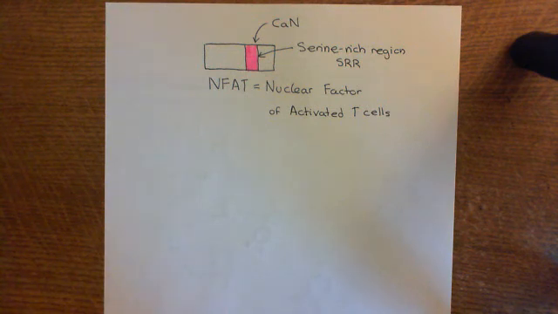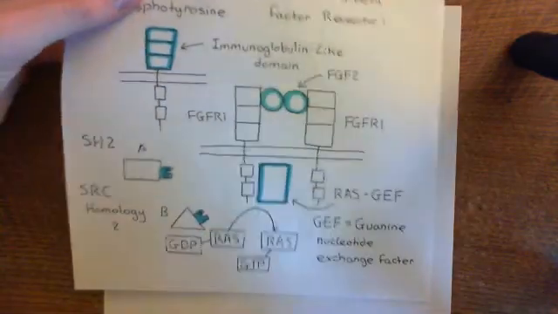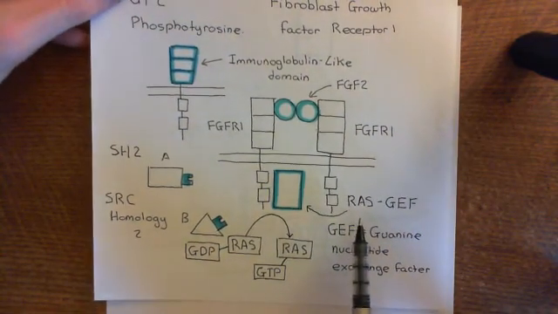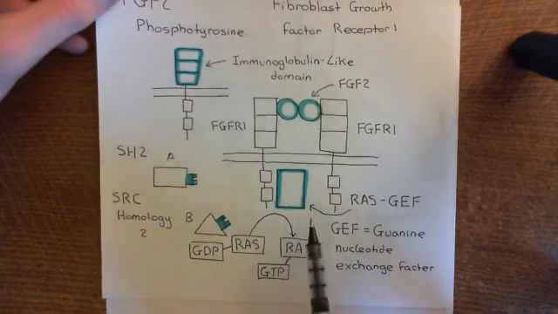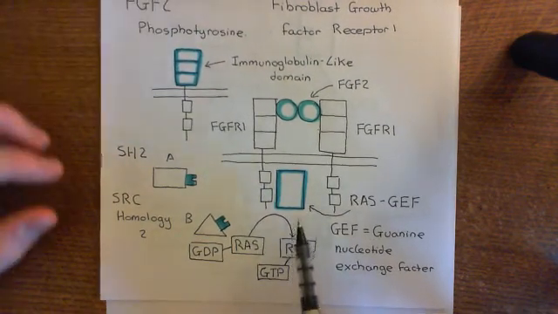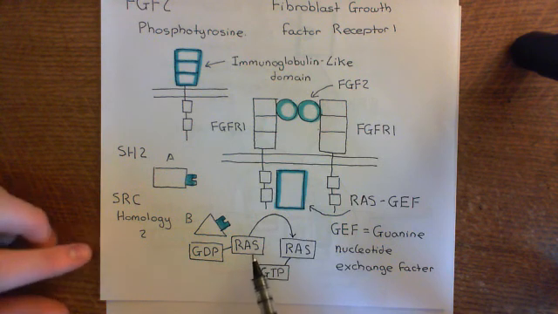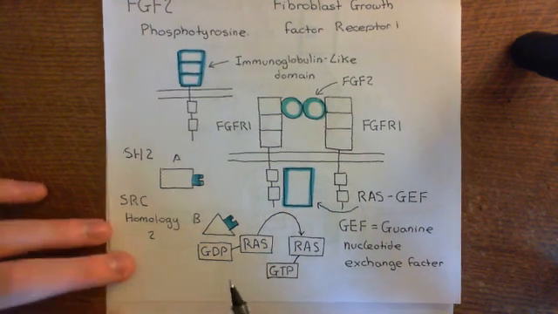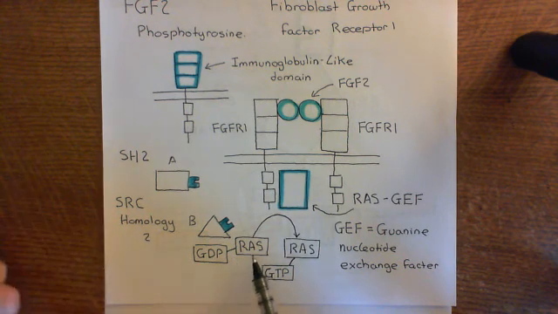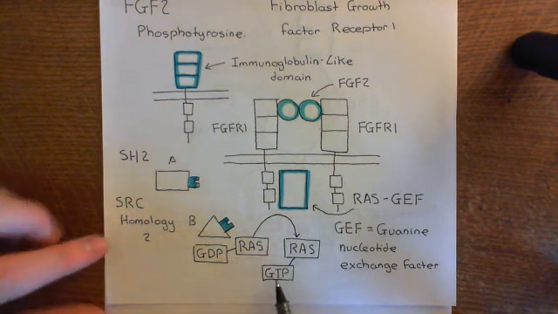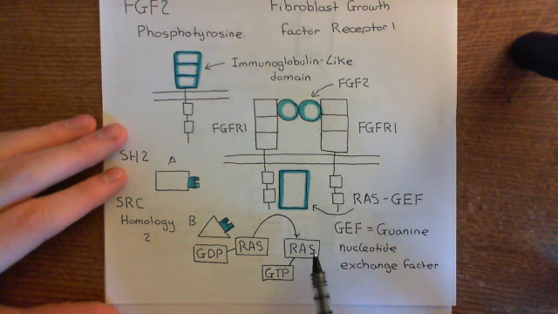So the first one that we looked at was the recruitment of a Ras-GEF complex, a Ras guanine nucleotide exchange factor complex, which would then activate this Ras G protein by exchanging the guanosine diphosphate that the off state of the Ras protein has bound to it for a GTP, turning this Ras protein on.